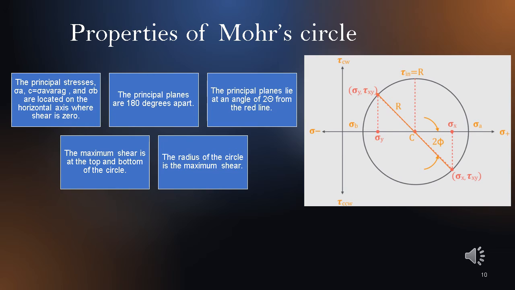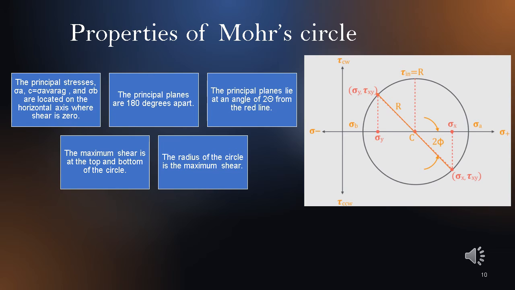The properties of Mohr circle for plane stress are as follows. First, we have sigma A to the right of the circle. C is the center of the circle and also represents the average stress, and sigma B is to the left of the circle. These are located on the horizontal axis where the shear is zero. In the image, we can see it as the axis that goes from negative sigma to positive sigma. Second, the principal planes are 180 degrees apart. The principal planes lie at an angle of 2 phi from the red line.